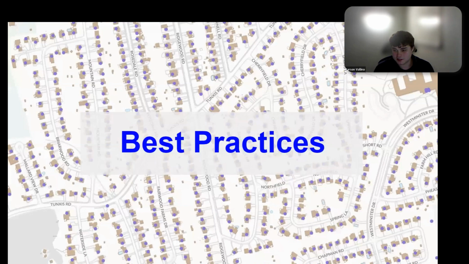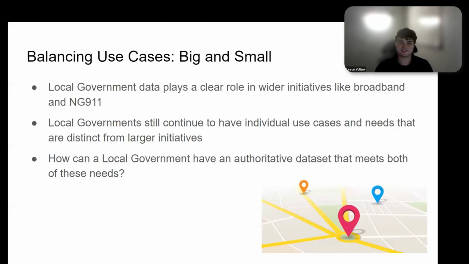So let's talk about best practices. If you want to go to the next slide. We've talked about how local government and these wide broadband initiatives have so many different use cases and so many ways to format address points. So, while local governments need to get this NG911 standardization to help with these broader, really cool things, like saving lives, we still realize that local governments have individual use cases that are distinct from the needs of the federal standardization.